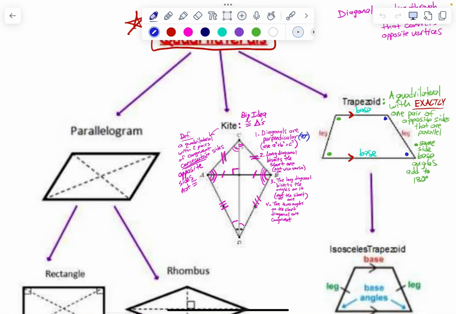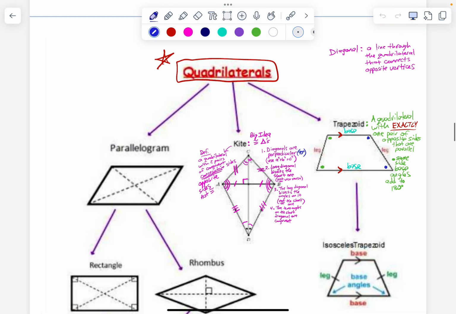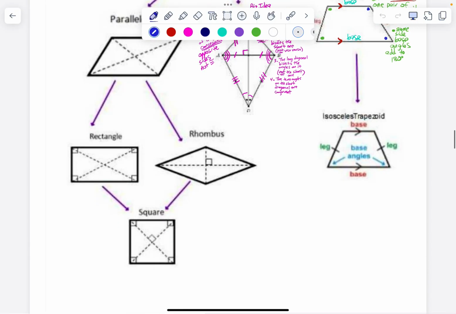All right, and then note that we have a special version of trapezoid called an isosceles trapezoid. What did isosceles do in a triangle when we added that word? Yeah, we had two congruent sides and two congruent angles. And guess what? It's the same thing here.